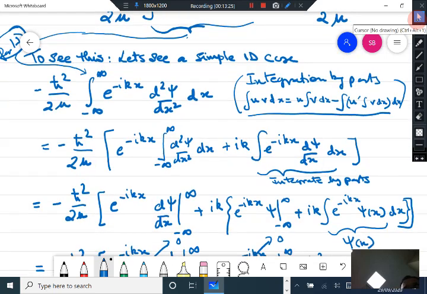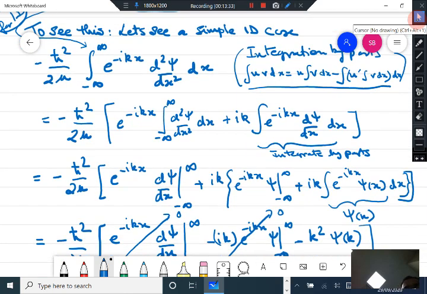If you use integration by parts, the equation will be of this form. You can simplify it to get these different expressions, and this term, e raised to minus ikx dψ/dx, can once again be integrated, and you will have this expression.